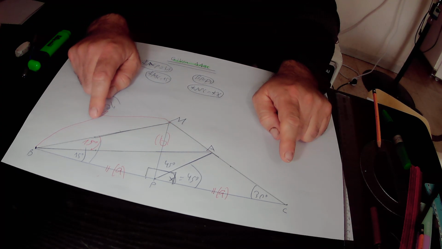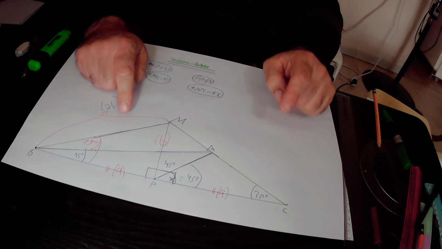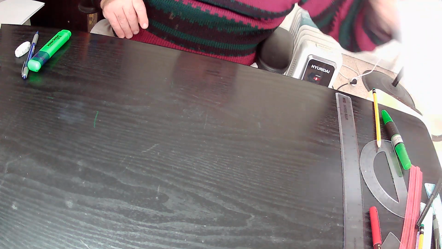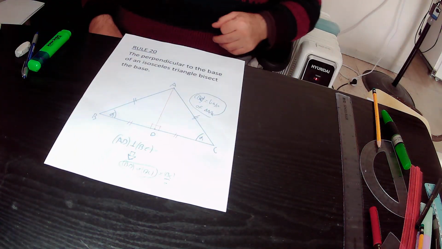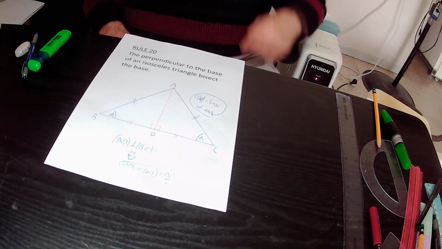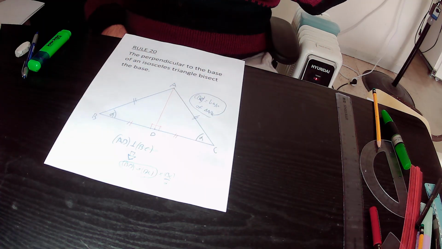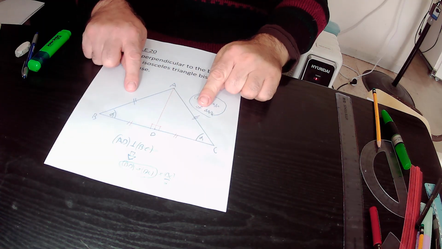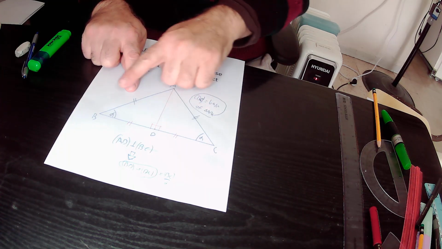So here we can implement rule 20 in the isosceles triangle. According to rule 20, the perpendicular to the base of an isosceles triangle bisects the base. In the drawing we have the isosceles triangle ABC, because those two sides are equal to each other. The base of this triangle is BC.